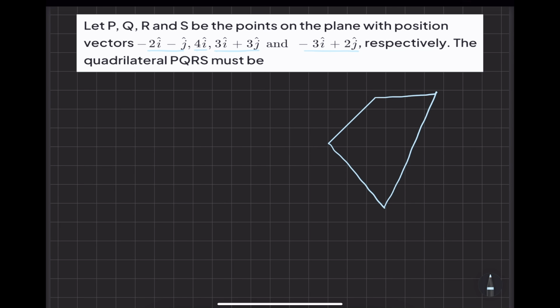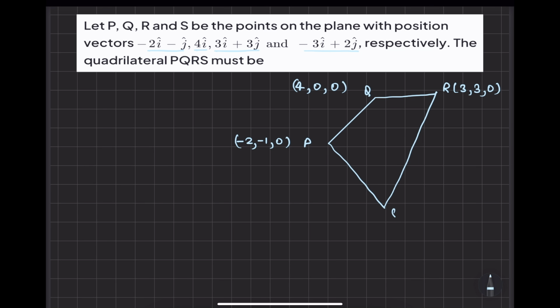Suppose this is the shape. We have P, the coordinate of P is -2, -1, 0. We have Q, 4, 0, 0. We have R, 3, 3, 0.